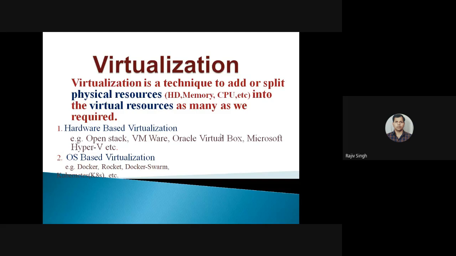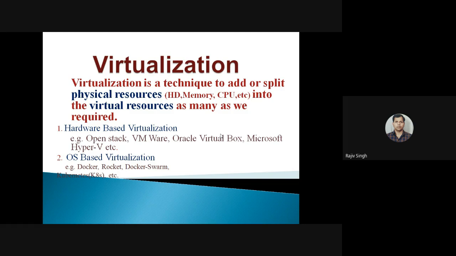Yeah, thank you. So adding and splitting the physical resources. We will take an example of adding. Suppose you require a 200 TB hard disk in a single resource. But in the market, as per my knowledge, you will not get more than a 50 TB hard disk.